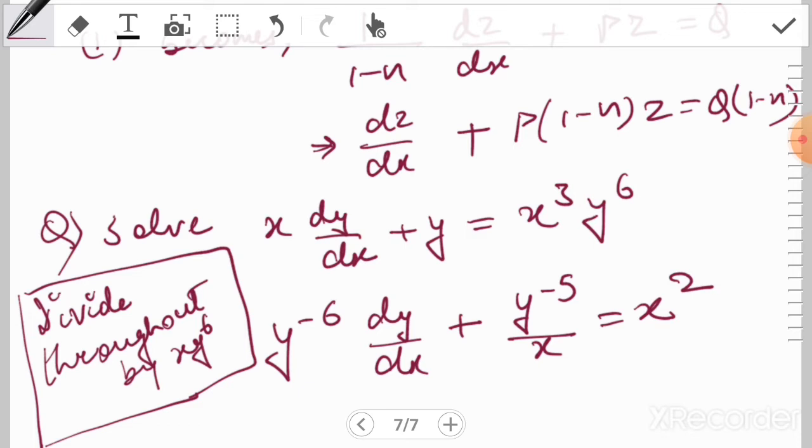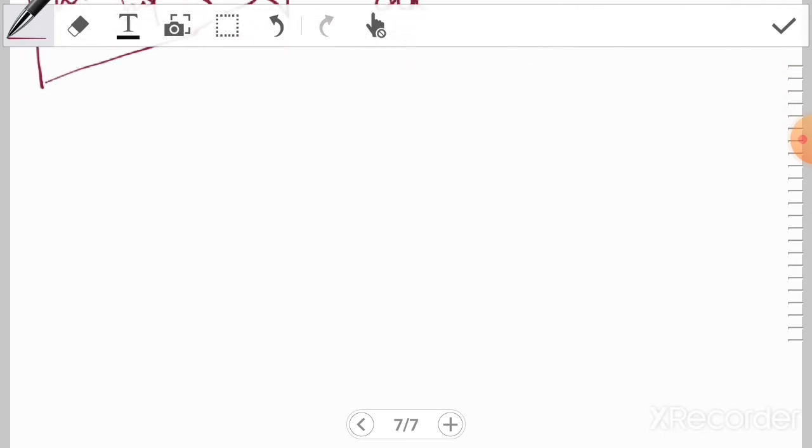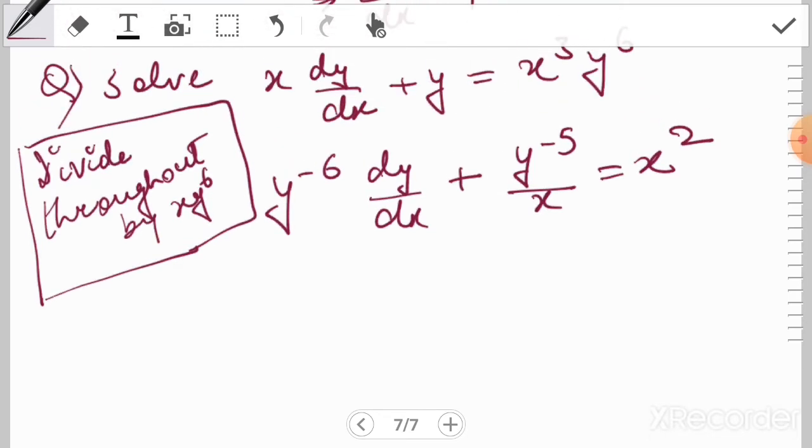If we remove y raised to the power 6, the right side becomes a function of x, which is q, and if we take x into the denominator, it again becomes a function of x as 1 by x. So now we will have a Leibniz linear form.